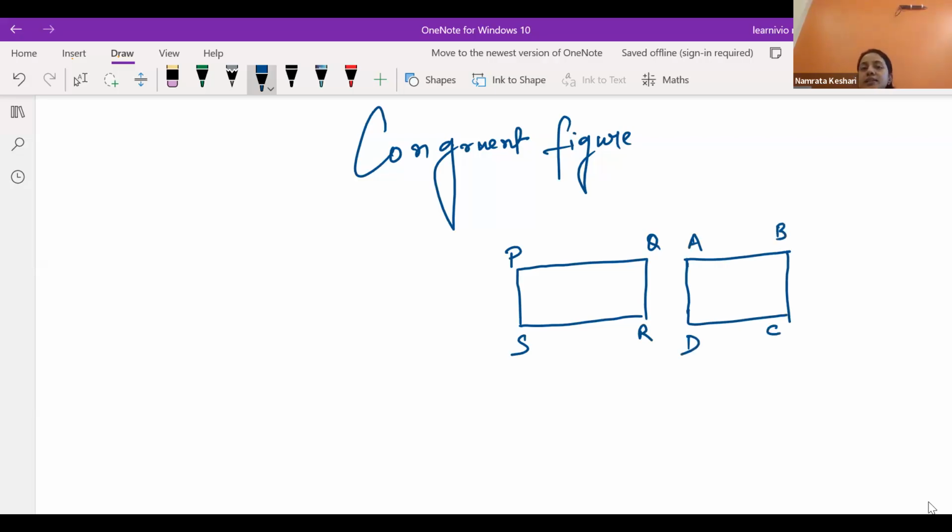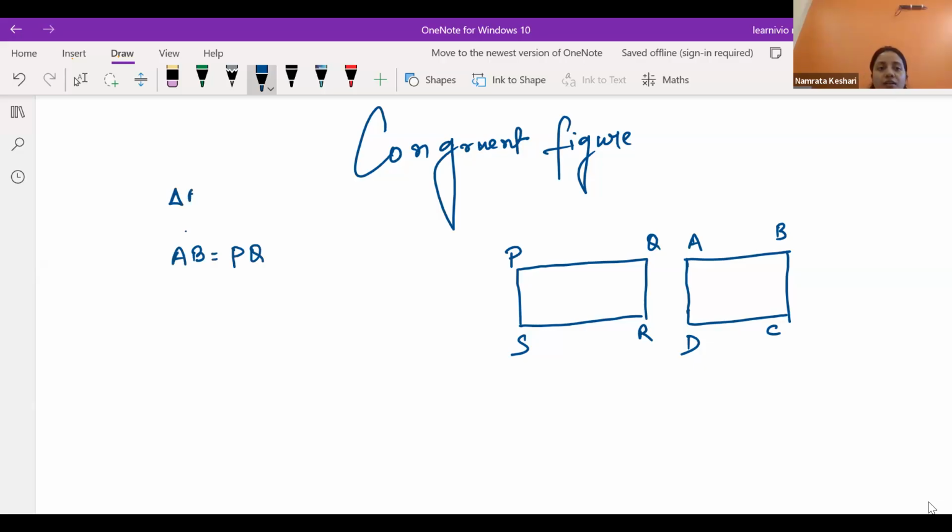If we are saying these two rectangles are congruent with each other, that means each and every side, that means side AB, the length of this rectangle must be equal to the length of that rectangle, right? That's the meaning of congruency, right?